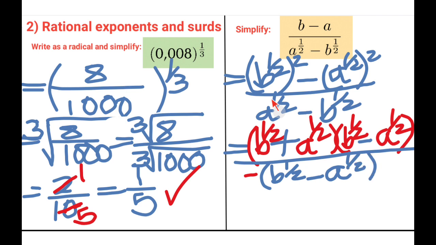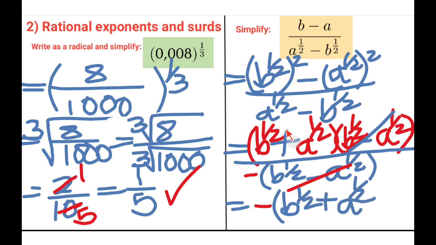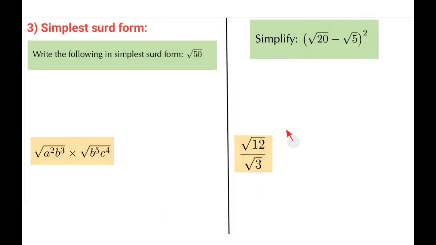So now notice that this at the bottom cancels with that at the top, and you're left with minus, because you divided by minus. So you're left with minus in brackets b to the power of half plus a to the power of half. And that's how you solve that complicated example there.